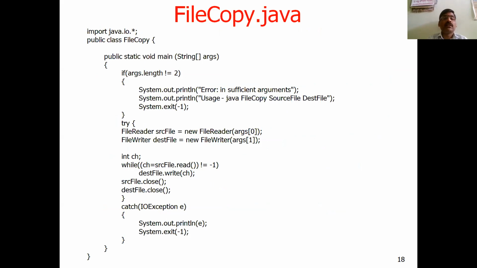demonstrating here under the character input and output streams, which are FileReader and FileWriter. So the number of command line arguments must be a minimum of two, that is the source file name and destination file name. You have to specify that. If args.length is not equal to 2, that means you have not supplied the specified number of command line arguments.